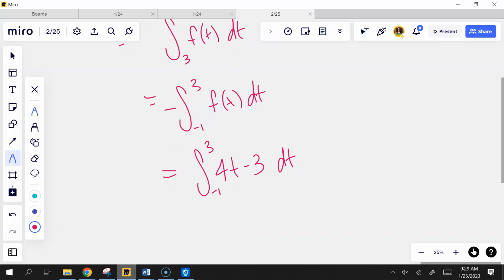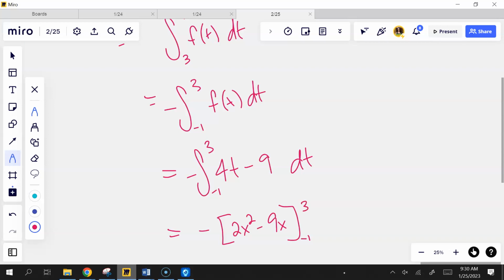That's what I'm getting at. I'm sorry, it's 9. What's the antiderivative? Evaluated from negative 1 to 3.